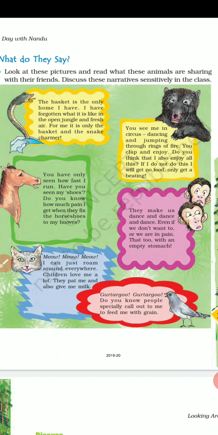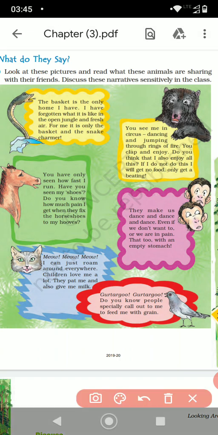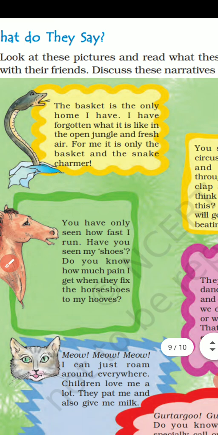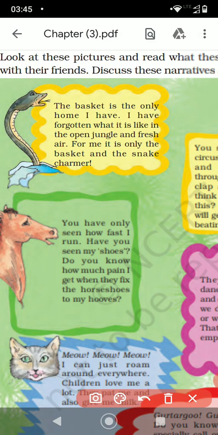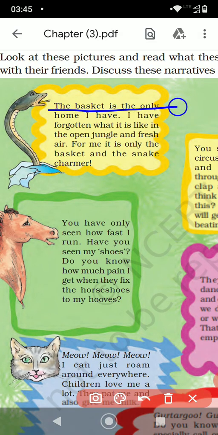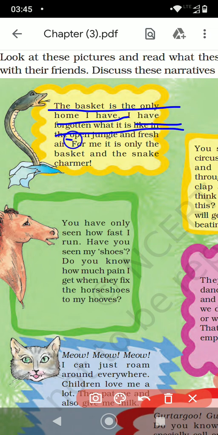So they all are sad. Okay, why are they sad? They are saying, the basket is the only home I have. I have forgotten what it is like in the open jungle and fresh air.